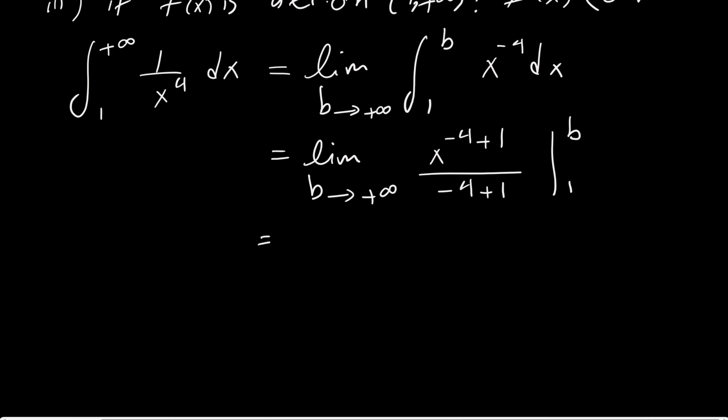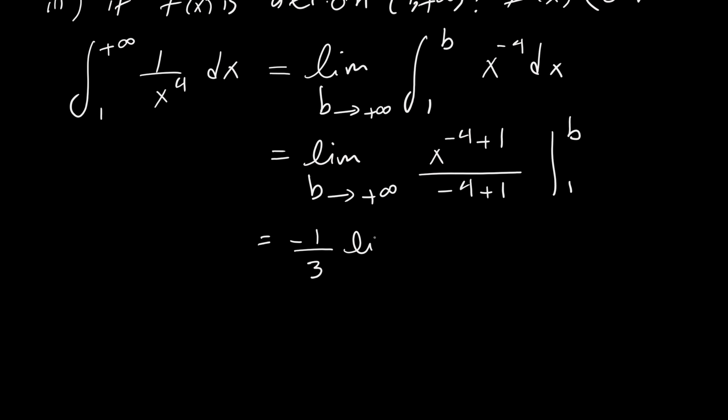If you calculate, the denominator is negative 3, so I can put negative 1/3 in front of the limit, and the numerator is x to power negative 3. I can rewrite it as x to power 3 in the denominator, from 1 to b.